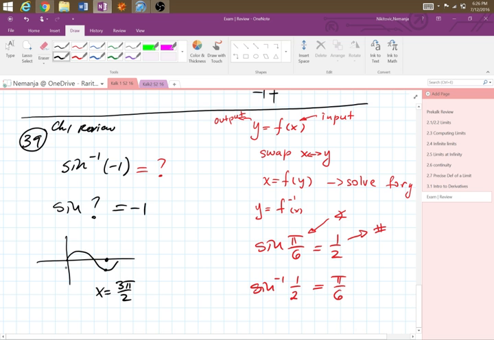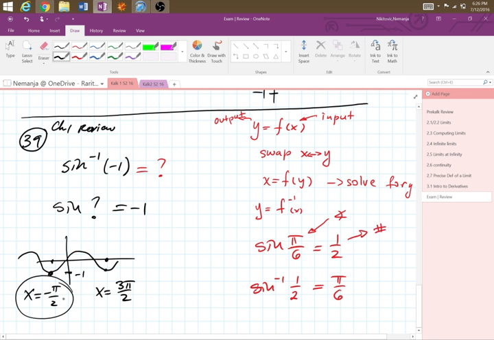But then you understand that sine goes forever to the left and to the right. You will have infinitely many answers. So equivalently, you can answer that it's negative pi over 2, because here's the -1 again, right? The value -1 is happening at negative pi over 2 as well. So, many answers here.